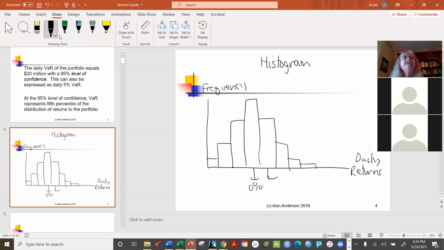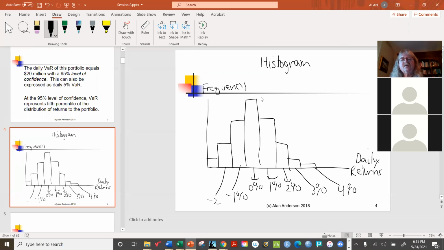And then we have other bars that represent different rates of return. For example, this is a 1% gain. This is a 2% gain, 3% gain. This is a 4% gain. This is a loss of 1%. This is a loss of 2%. And then finally down here, we have a loss of 3%.